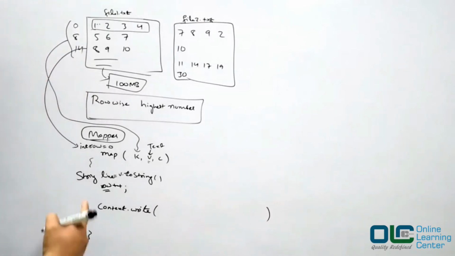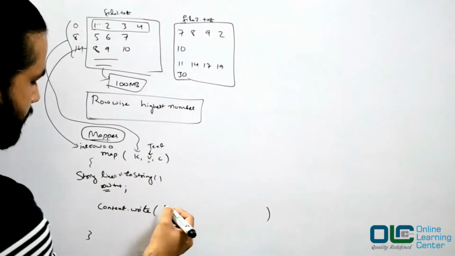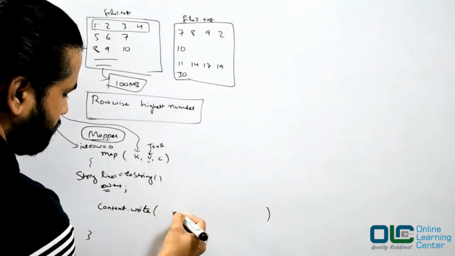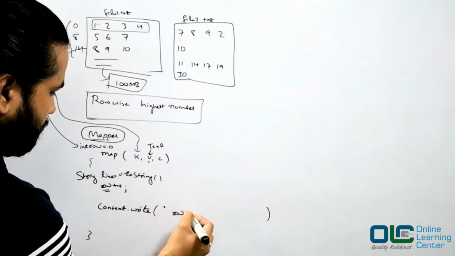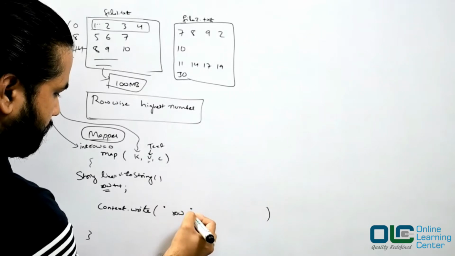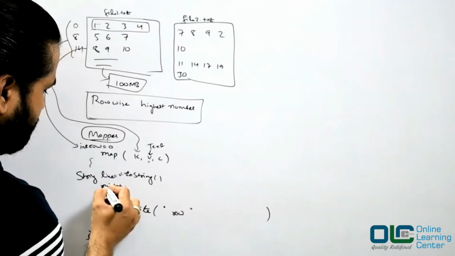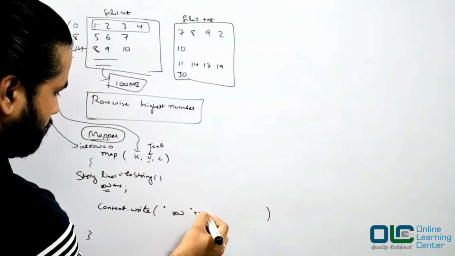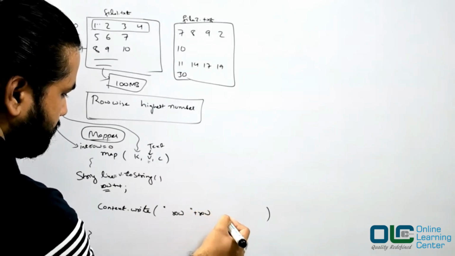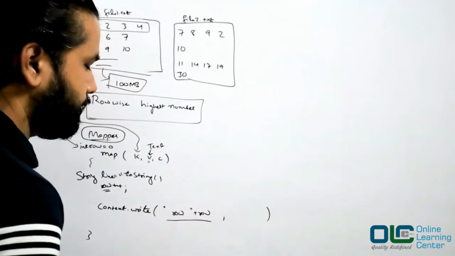What are you supposed to write here? You're supposed to write the row number, and this would be the key.